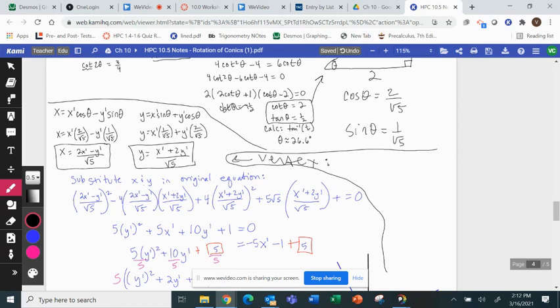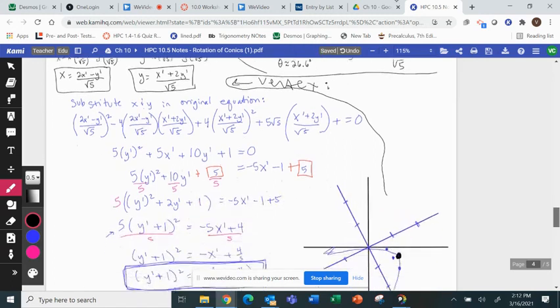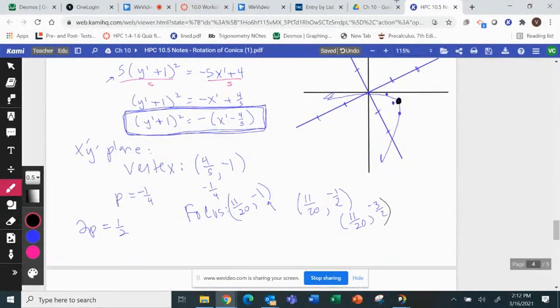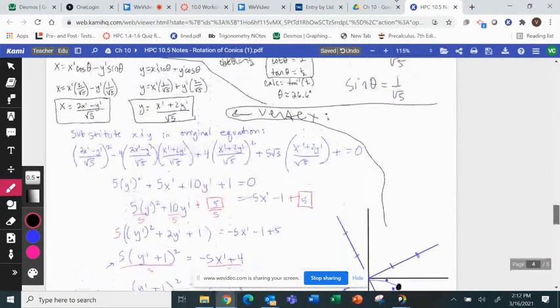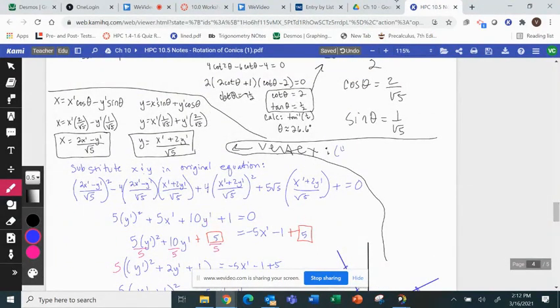So the vertex in blue is 4/5, negative 1. In black, the x part is going to be 2 times 4/5 minus negative 1, so plus 1, over square root 5. That ends up being 13 over 5 square root 5.